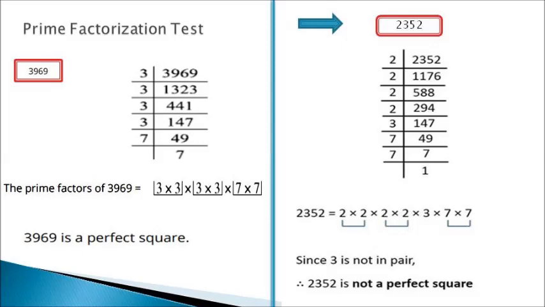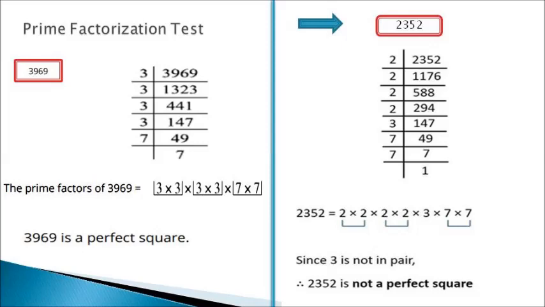Whereas we take another number 2352 and do the prime factorization of this number. Here when we do the prime factors we get 7 factors. First 2 multiplied by 2 making a pair, again another pair of 2 multiplied by 2, whereas number 3 does not make any pair with any factor, and last is 7 multiplied by 7, again making a pair.